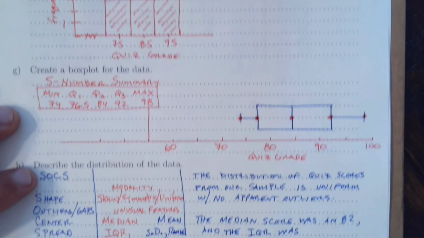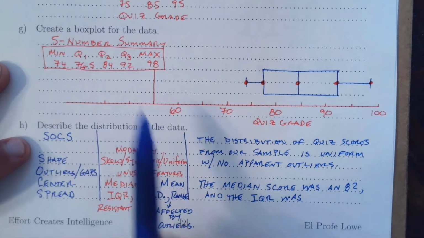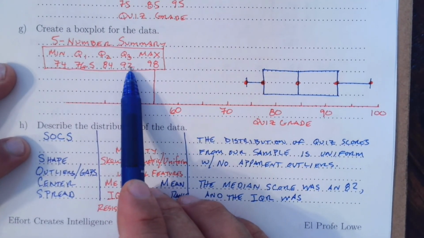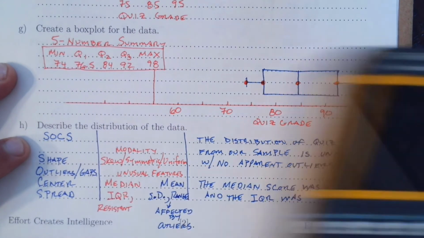was, and how do we find the interquartile range? We subtract quartile 3 minus quartile 1, so 92 minus 76.5.